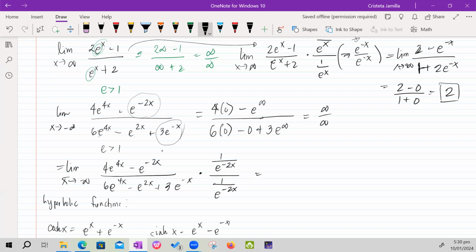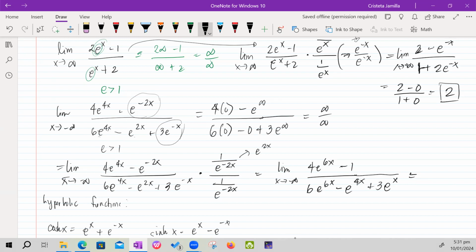So I will have the limit of 4e raised to 6x minus 1, all over 6e raised to 6x minus e raised to 4x and then plus 3e raised to 2x, right?